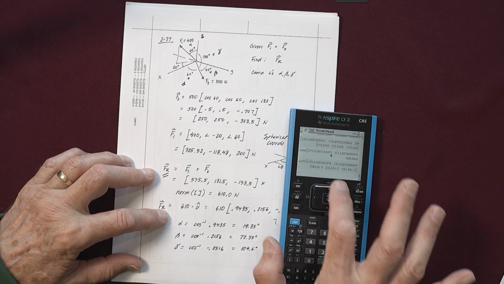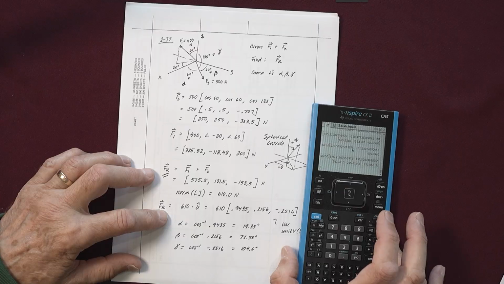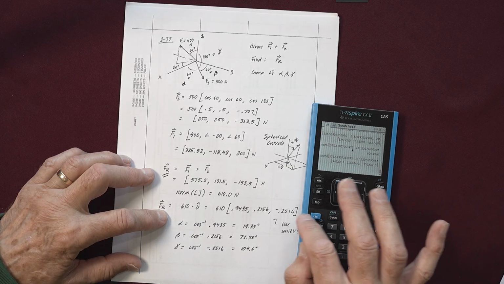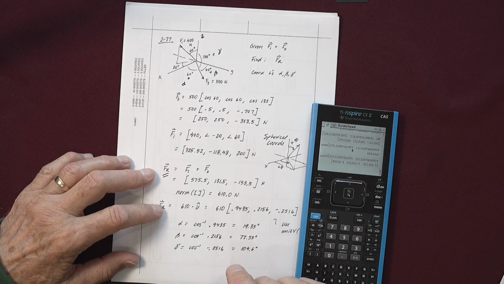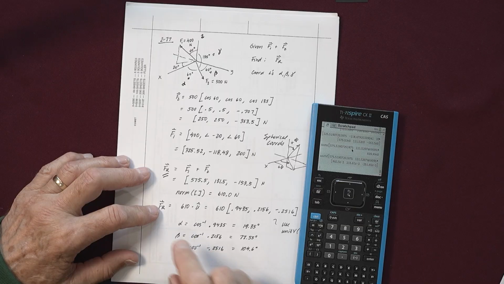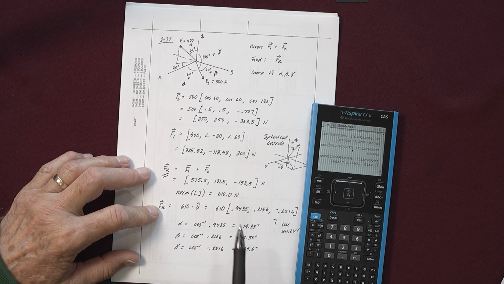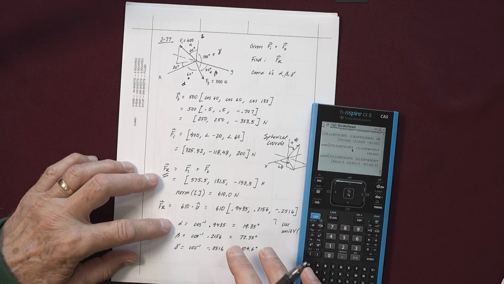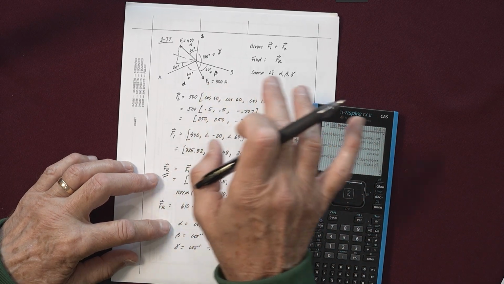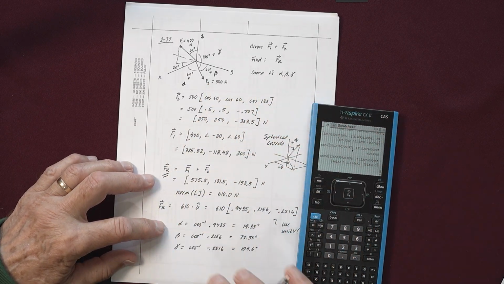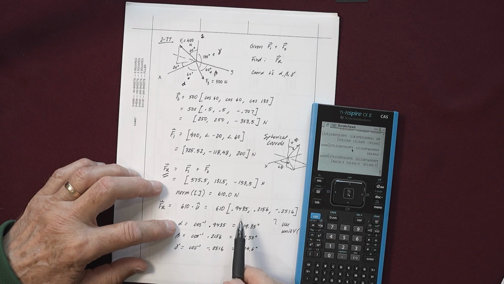And my unit vector for this guy is 0.9435, 0.2156, and negative 0.2516. So my FR is equal to the FR magnitude, which is 610, times this unit vector. But again, the problem asked me to find the alpha, beta, and gamma for FR. And so I'm going to take each term of the unit vector.